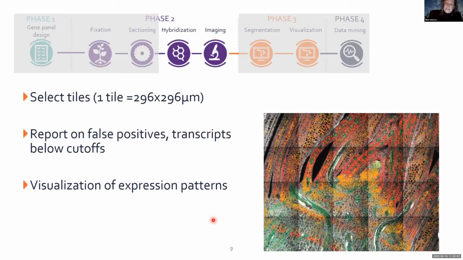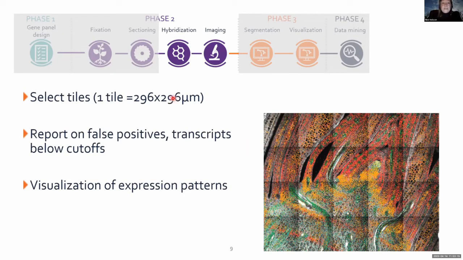Then once the provider, and in our case this was Resolve, got our slides, they did the first imaging. So it doesn't look like this yet, because that is indeed with gene info on it, but they send us a scan of the entire slide, and then we are about to select certain tiles.